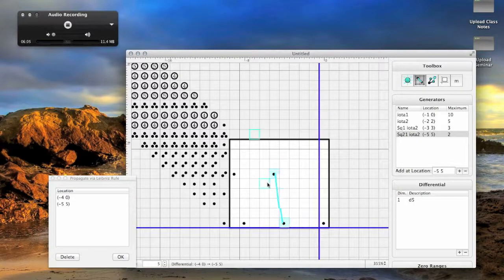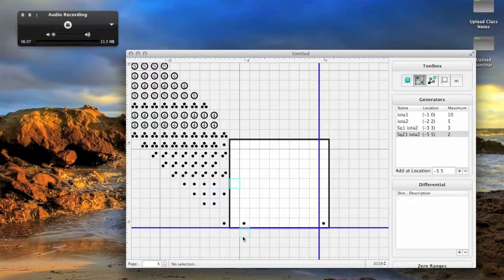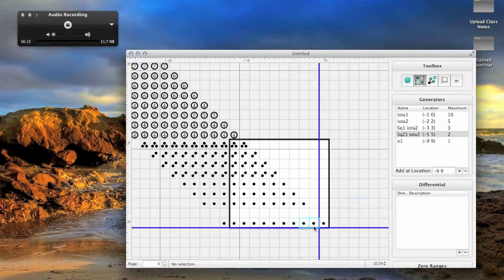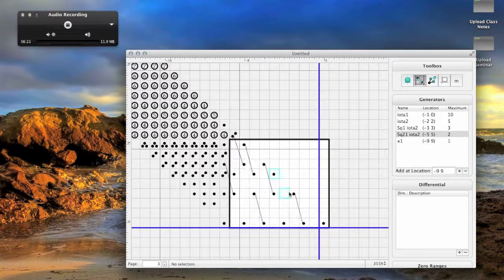Once again, we ask for propagation. And we have one more differential to add. Here it is.